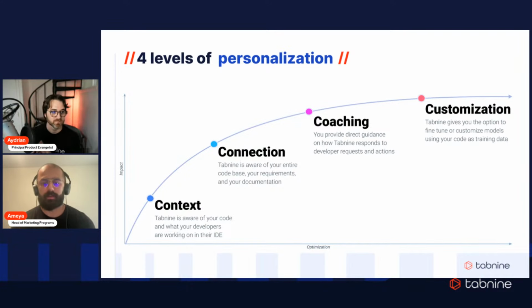Starting with the first one, context awareness in the IDE. Yeah, sure. This is going to be available whether you have Tabnine Pro or Tabnine Enterprise. This is what's going to give you the biggest lift for personalization right off the bat. This is making it aware of all the files in your workspace.